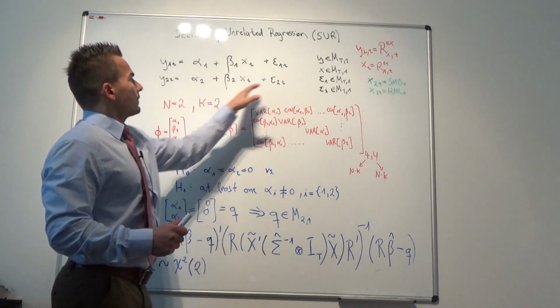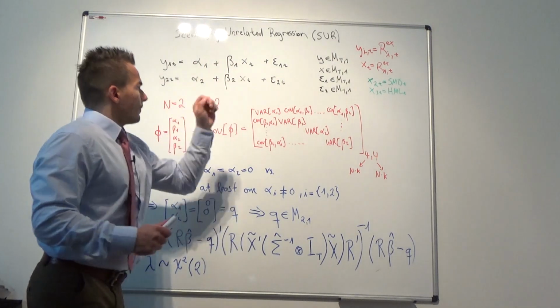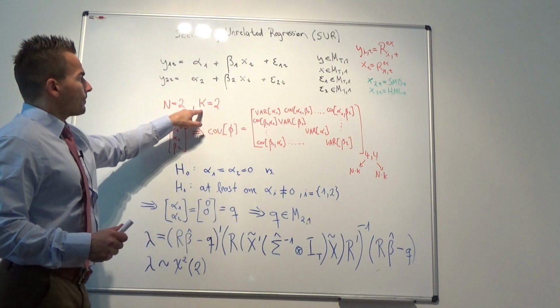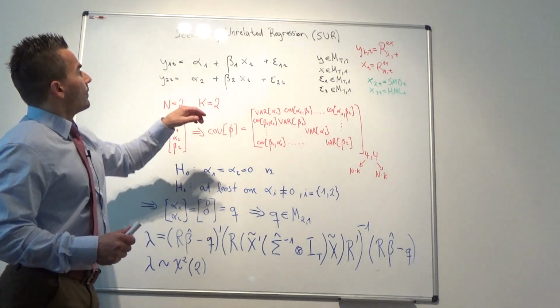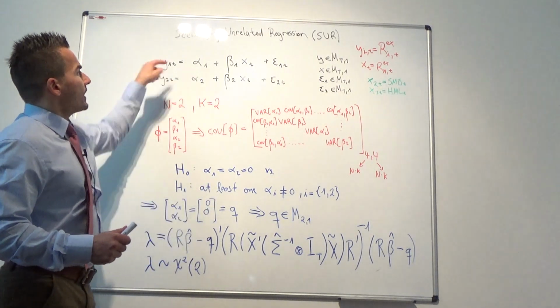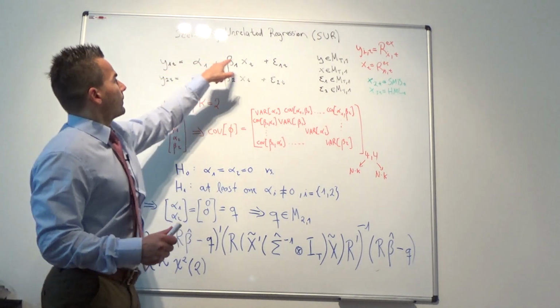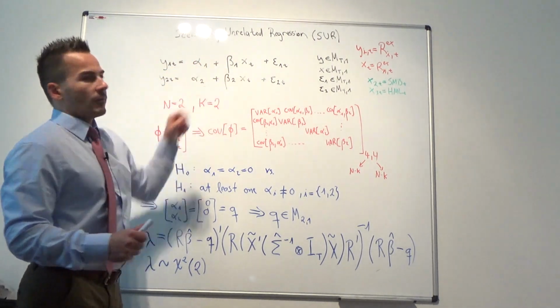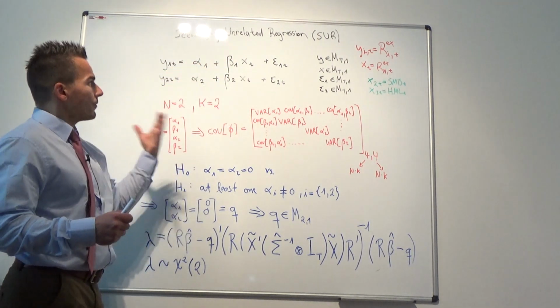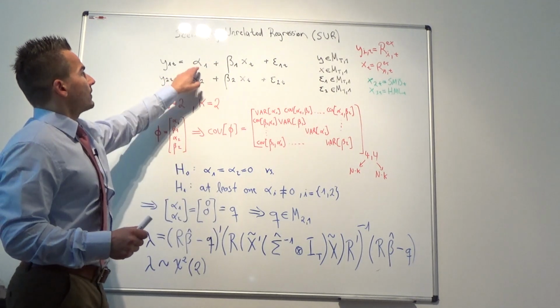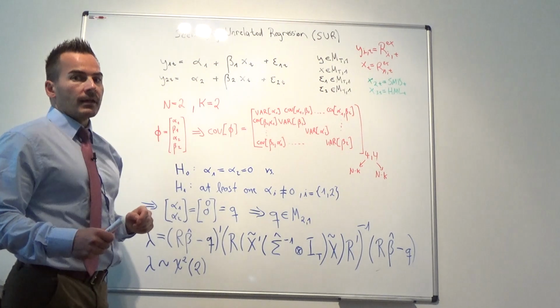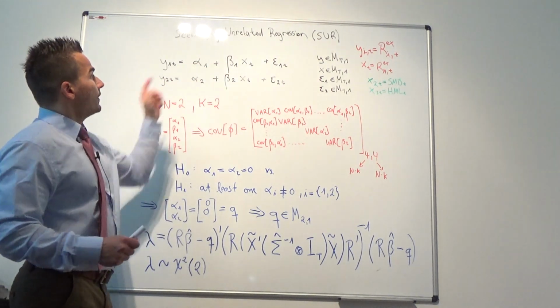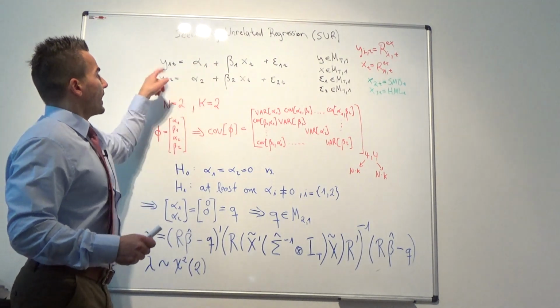So what else can we say? First of all, we have capital K. K is 2, and K measures the parameters per equation. In each equation, we have the same number of parameters. In this simple framework, we have two parameters: the regression intercept and the exposure against the market factor. And this we have for both assets.